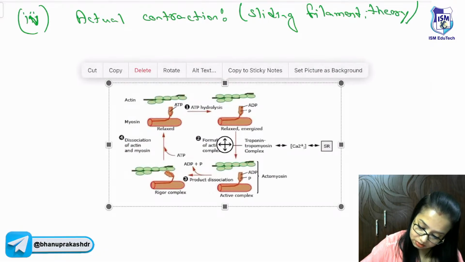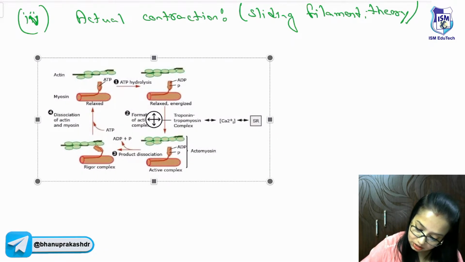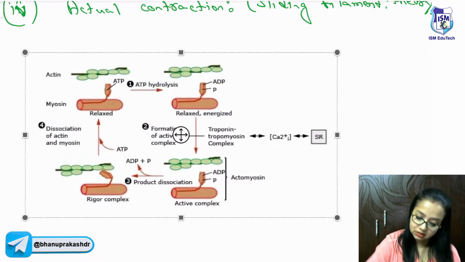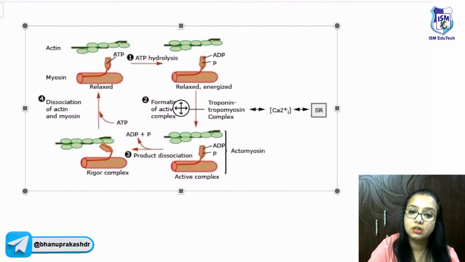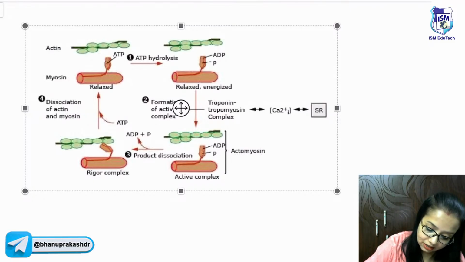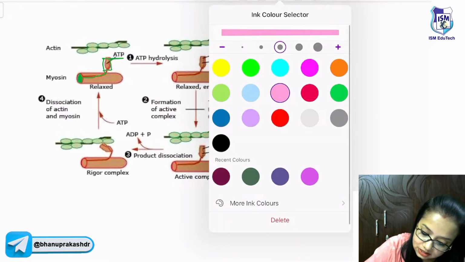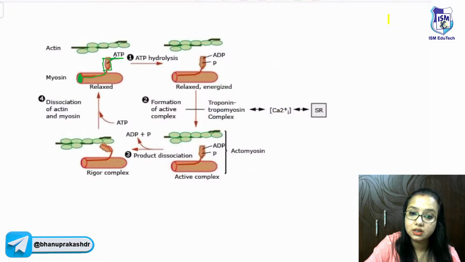Okay, now if we look at the picture, this is the amalgamation of all the events that we have discussed. First, in the relaxed state, we can see the myosin is not powered and it has the ATP bound to it. In this condition, the myosin is not at all capable of causing any contraction.